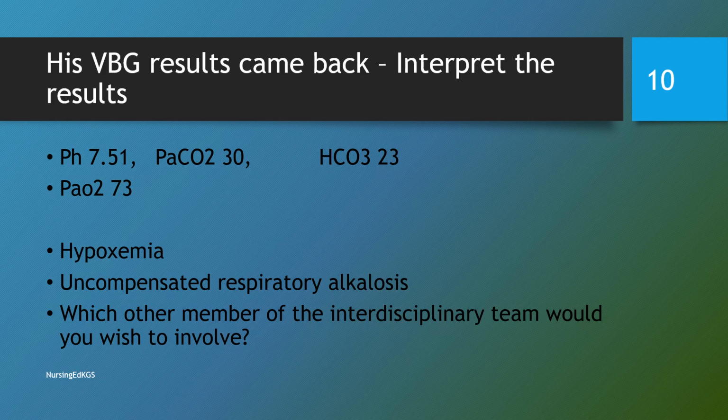So we have uncompensated respiratory alkalosis, and this can occur when there is an increased respiratory rate leading to a decreased concentration of carbon dioxide in the blood. Now, since carbon dioxide is an acid, a decrease in its concentration results in increased blood pH, making it more alkaline. This patient is also experiencing hypoxemia.